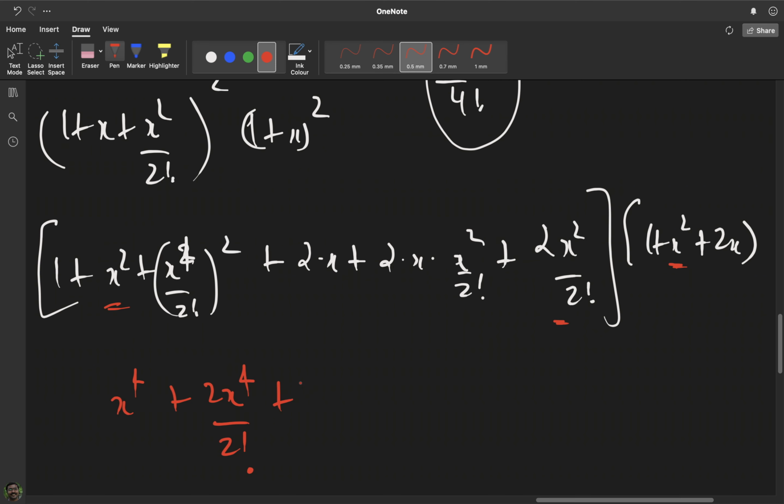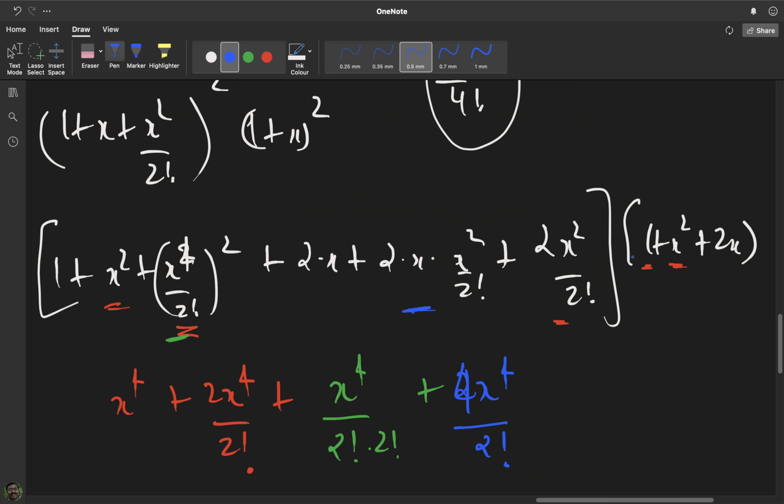Plus, when you multiply this 1 with this term, you will get x raised to 4 by 2 factorial into 2 factorial, because you are taking the square there. Then no other terms are there. Plus, when you multiply 2x with this term, I will get 4x raised to 4 by 2 factorial, because 2 is already there with 2x.